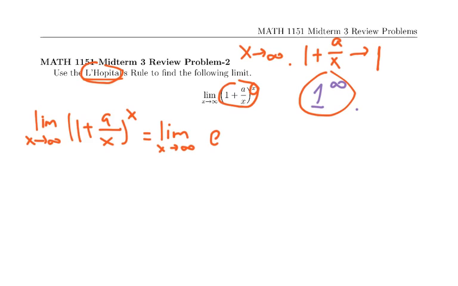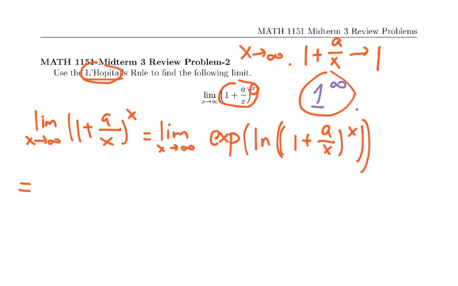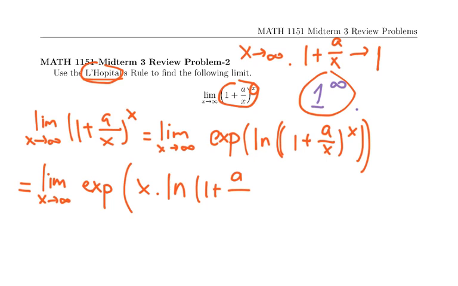That is, we first take the exponential and then take the log inside of the original function, and nothing actually changes. Then we can use the property of the log function and bring the power x in front of the log function. So that is x times natural log of 1 + a/x.